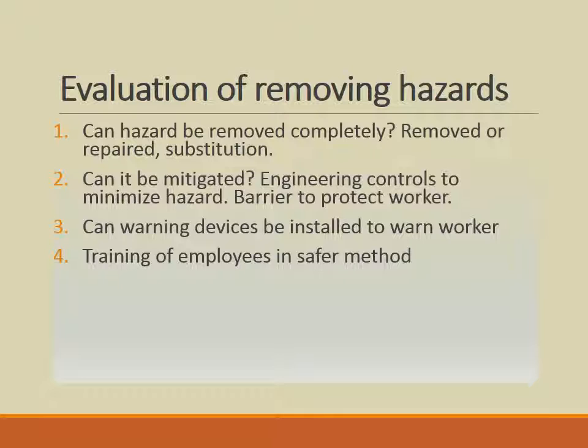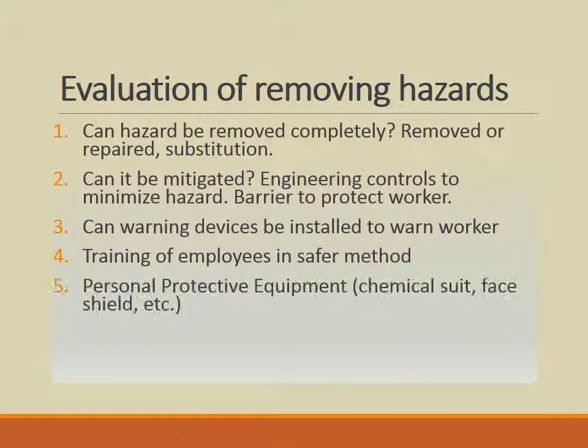Could more training of a safer method of performing work in the area be an option? And lastly, can personal protective equipment help? Perhaps a chemical suit, a face shield, etc. All these things need to be taken into consideration when you evaluate the hazard for removal.